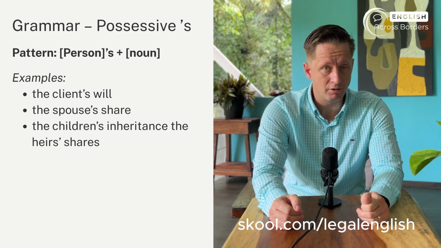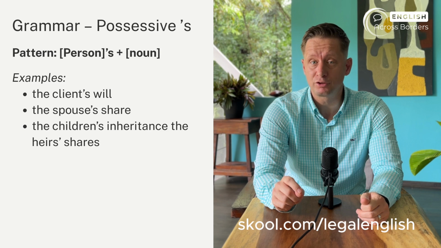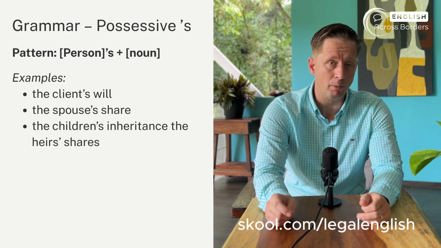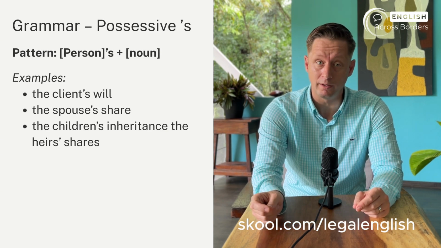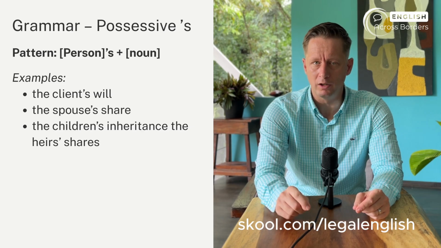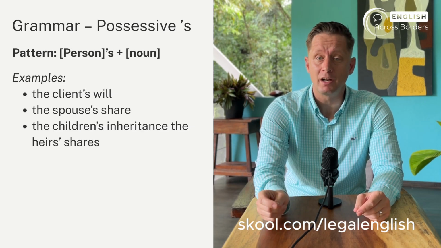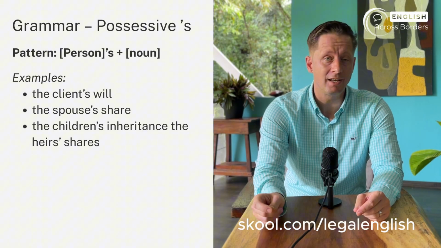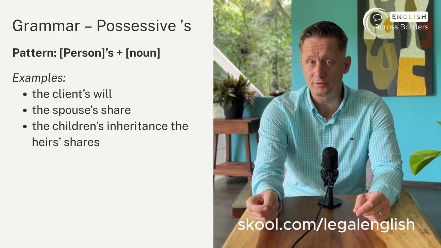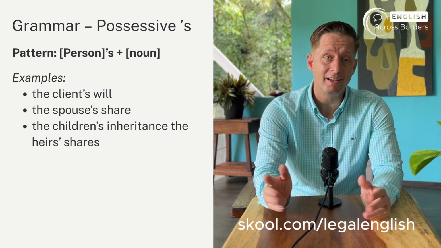Lawyers often need to explain who owns what in clear English. One simple way to do this is by using apostrophe S. For example, the client's will. This means the will belongs to the client. The spouse's share. This means the part of the estate that belongs to the spouse. The children's inheritance.